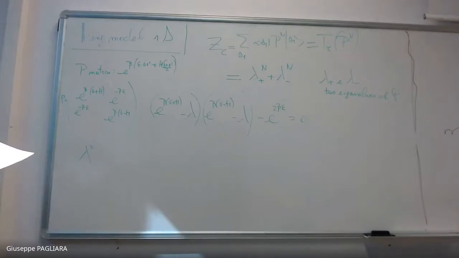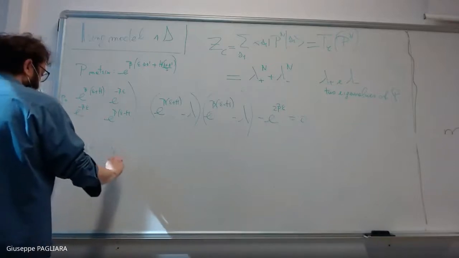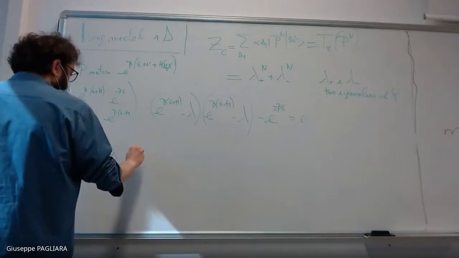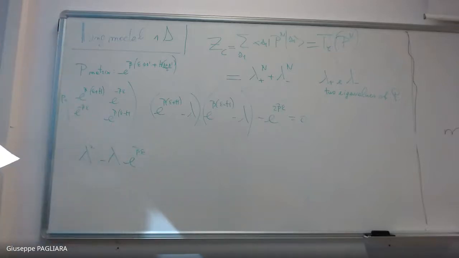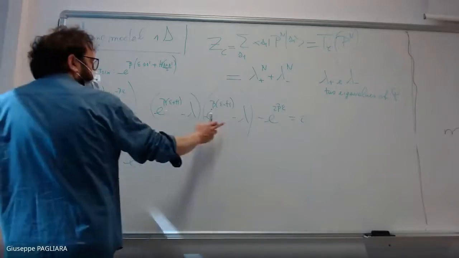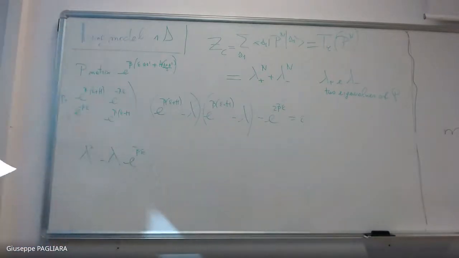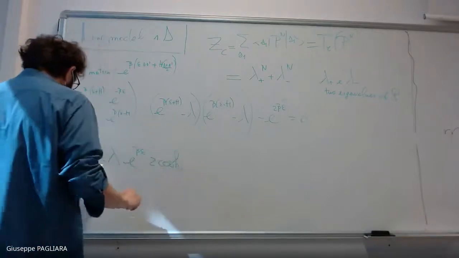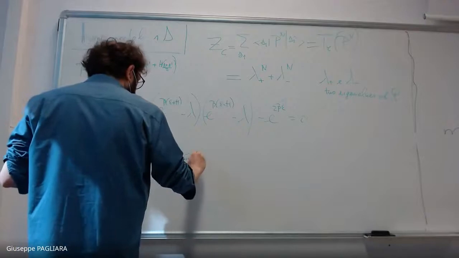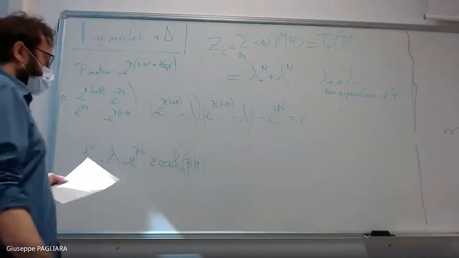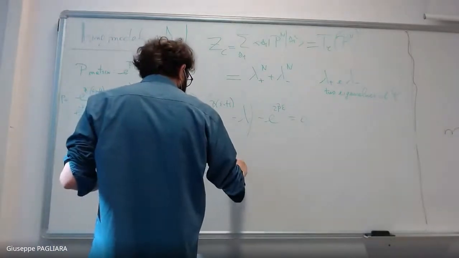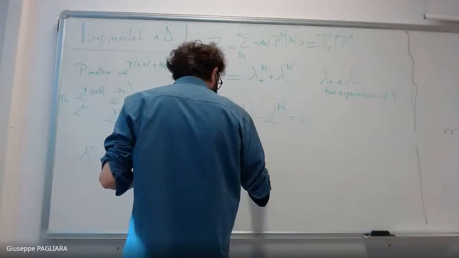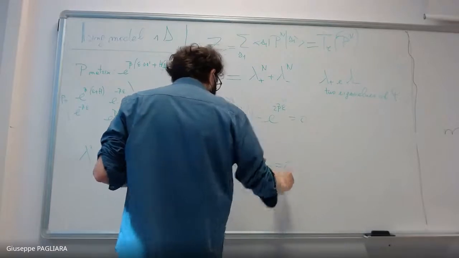Then I have, you know, I'll write the result directly, minus lambda e to the beta epsilon, that comes from this times this, and this times this, and I have 2 cosh of beta h plus 2 sinh of twice beta epsilon equal to 0.